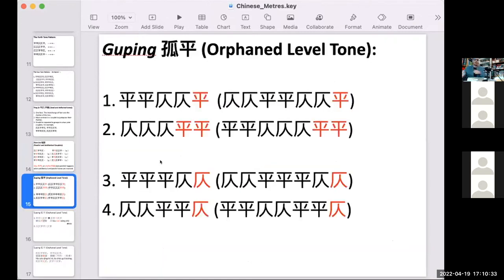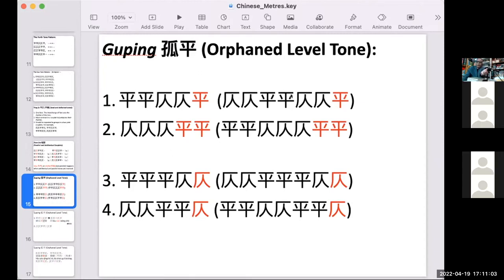Here we are going to introduce some features of classical Chinese poetry that are very important. We can't cover everything, of course, and we can't say everything about each point, but at least we'll try to have an idea. There is something called gu ping, literally the orphan level tone.